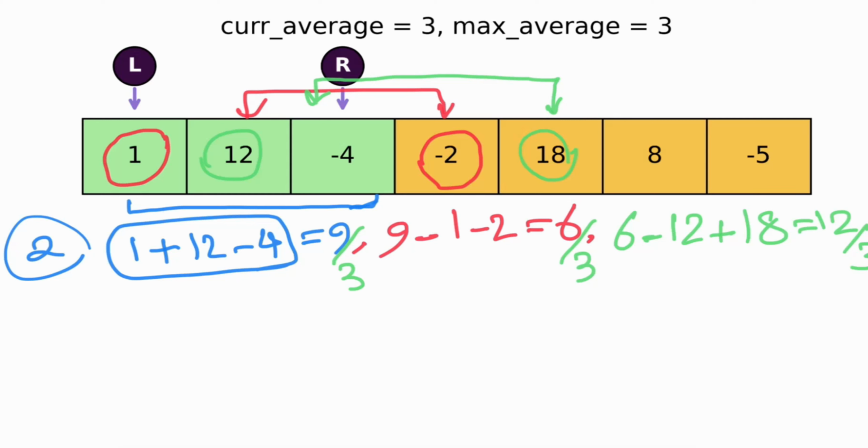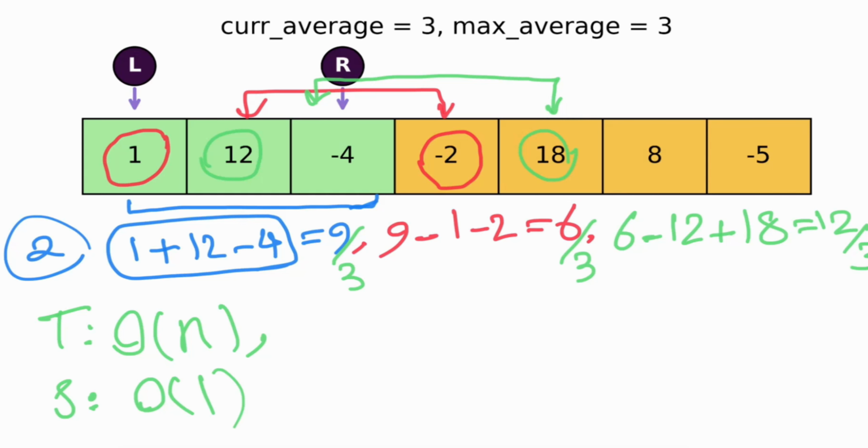So our time complexity will be O of n, since we only move through the array one time and at each step we have a constant operation. Overall, the time complexity is O of n, where n is the length of our array, and the space complexity will be O of 1.